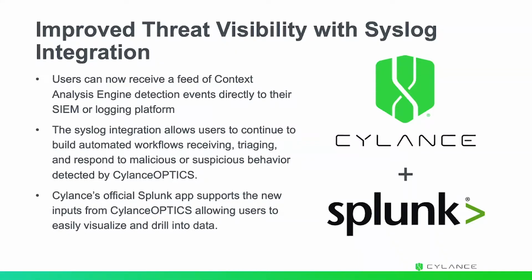You have a new box in your Syslog feed called Optics Events, and that will allow you to basically, anytime that context analysis engine detection rule triggers, pipe that event directly over into that Syslog stream and then parse it out, whether you're putting it into a Splunk or into any other log management solution. That'll all translate very nicely over into there.